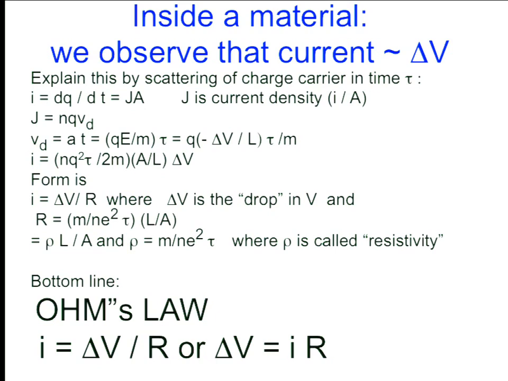So this is the geometrical factor. And then you have the materials factor, the particular material. In other words, if it's copper, the material will not resist very much. The electrons flow nicely. On the other hand, if you have something like graphite or lead, this intrinsic material property is called the resistivity.